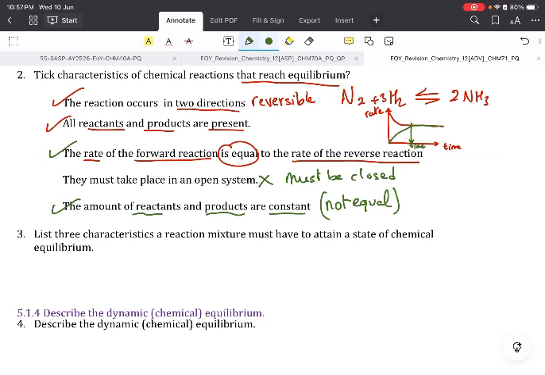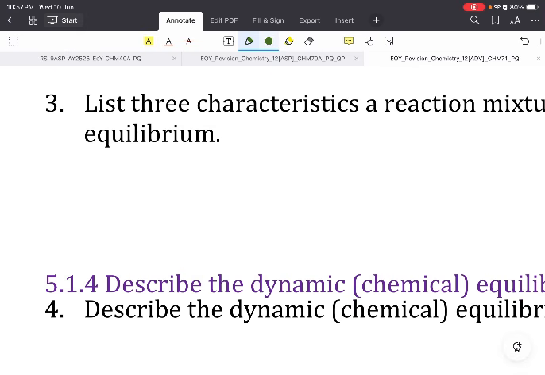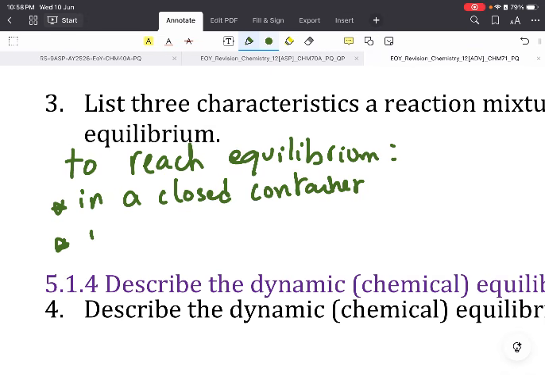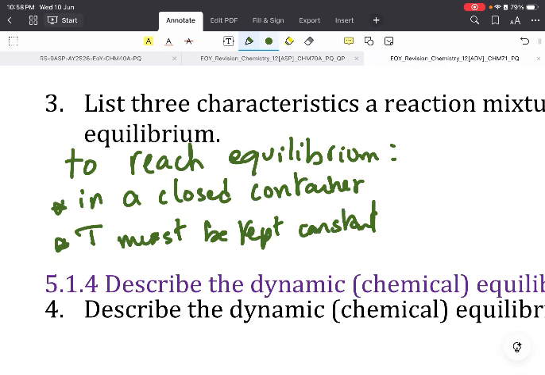List the 3 characteristics a reaction mixture must have to attain a state of chemical equilibrium. So as I mentioned, for a reaction to reach equilibrium, it must be in a closed system or container, and temperature must not change, must be kept constant during all the process.